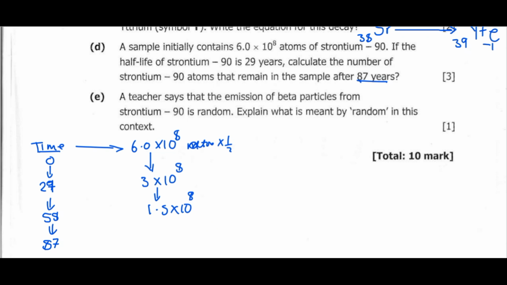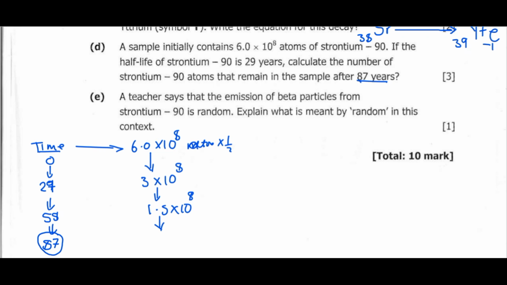So this is the concept here. You need to be dividing by half until you reach the required number of years. So what is half of 1.5 times 10 to the power 8, divided by 2?